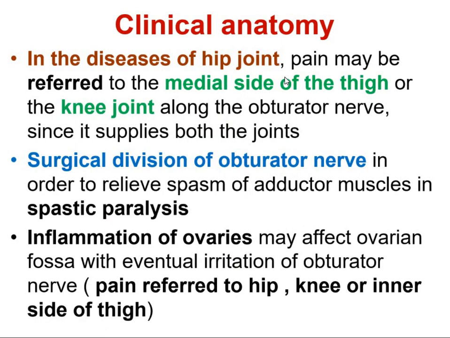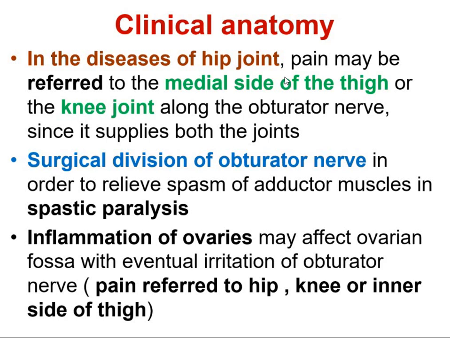It is very important. Clinical anatomy, basically what it is doing, since it is supplying the hip joint also, and it is supplying the medial aspect of thigh also, that is the cutaneous supply, and then it is going to the knee joint also. So there can be referred pain from any of the structures to any of the structures.